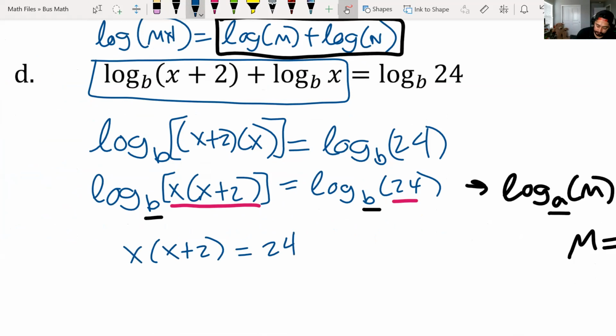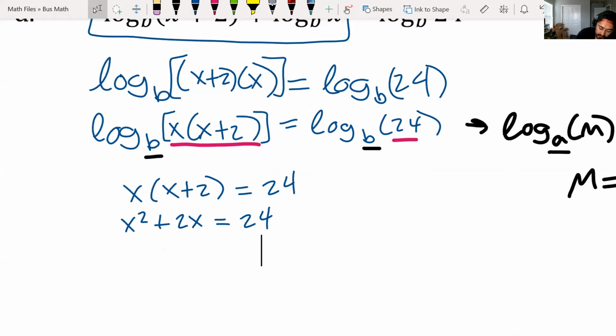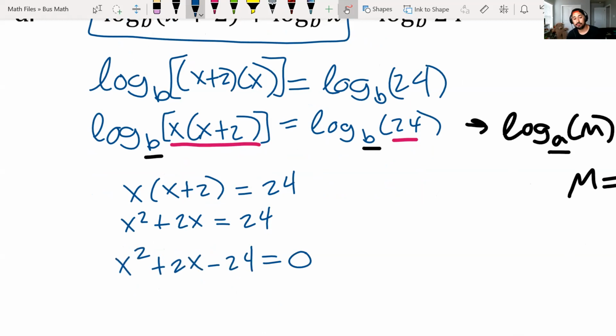Distribute the x: x squared plus 2x equal to 24. We have another quadratic equation. So take this 24, subtract it to the left. This means you get x squared plus 2x minus 24 equal to 0.